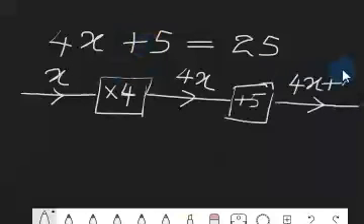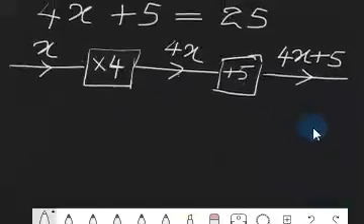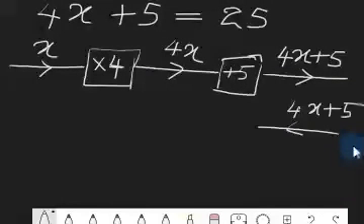Okay. Now we can take the inverse of this. Right. 4x plus 5. Here you add 4x and 5 in order to obtain 4x plus 5.